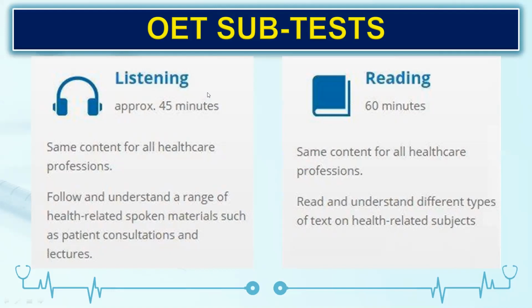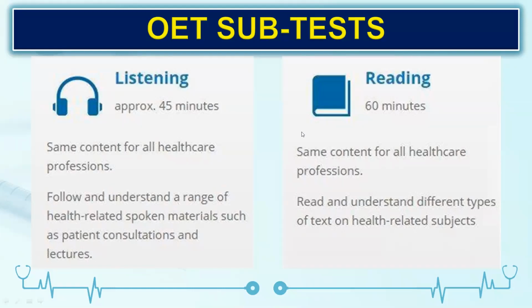The listening subtest will last up to 45 minutes, and you have to follow and understand a range of health-related spoken materials, such as patient consultations and lectures. While in the reading subtest, you have to read and understand different types of text on health-related subjects. The timing in the reading subtest will last up to 1 hour.